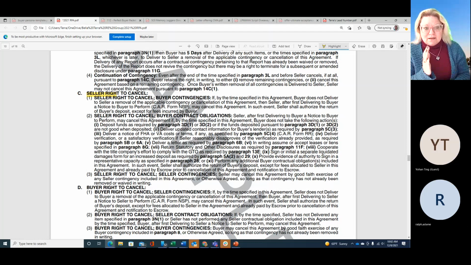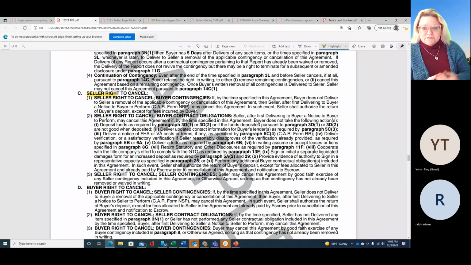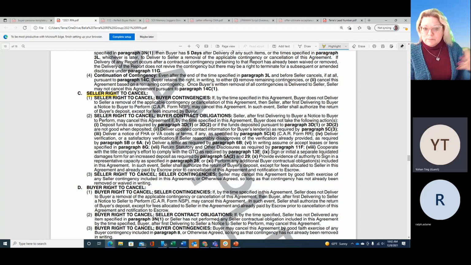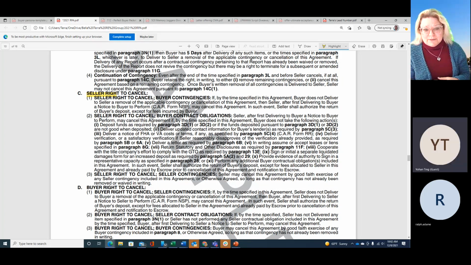If at the time the contingencies are supposed to be removed, the buyer hasn't done that yet, the seller first gives the buyer a notice to buyer to perform. If the buyer does not remove that contingency or answer that document, they then have the right to cancel the agreement, and they must return the buyer's deposit.